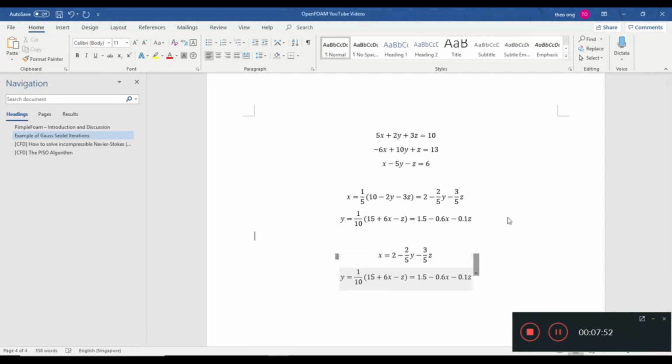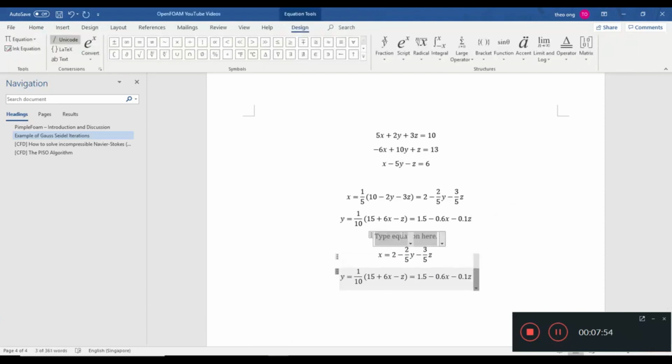And of course, I can do the same for z. z equals minus 6 plus 5y minus x. So I add 5y to both sides, subtract x from both sides, then multiply by minus 1.